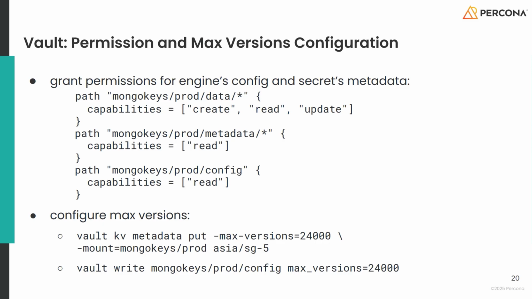The following 2 blocks provide access to the metadata of secrets and the configuration of the whole secrets engine itself. And also, we see example commands showing how we can increase max versions for a particular key or for the whole secrets engine.